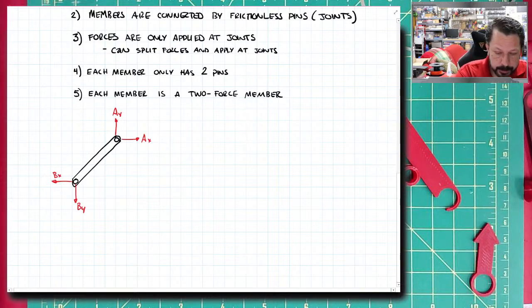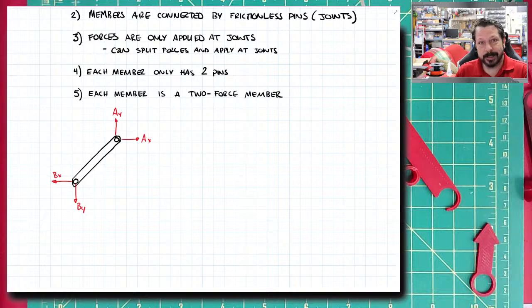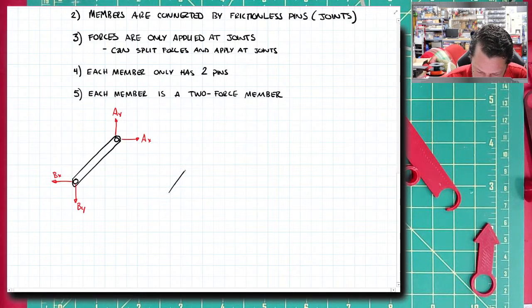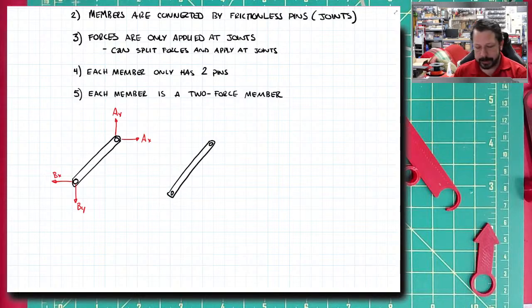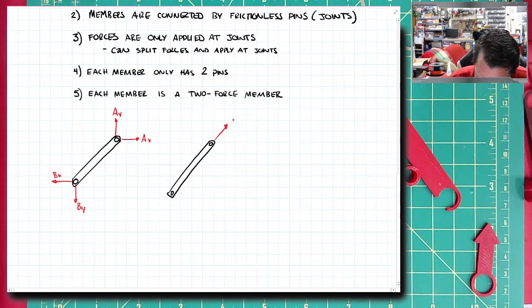Once you know that this is a 2-force member, which all members in a truss are 2-force members, they're either 2-force members or this thing called a 0-force member, which means it has 0 force on it. We'll get to that later. So if I know that this member is a 2-force member, I can take the same member, and instead of doing AX, AY, BX, and BY, I can just do the force in AB.